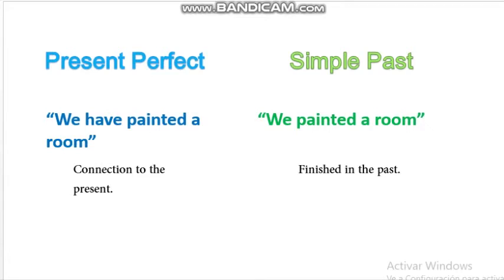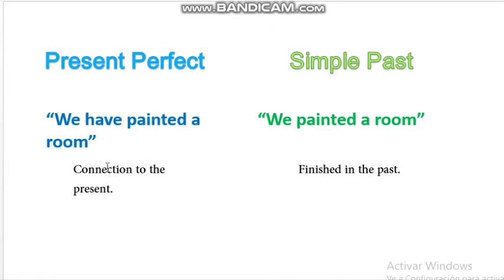With the present perfect and the simple past, with these two sentences, we are going to see the difference. For example, the sentence with the present perfect says, we have painted a room. The fact that we painted the room, in some case, it finished. We have painted the room. It doesn't say when.